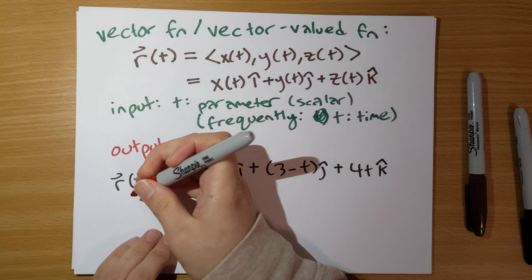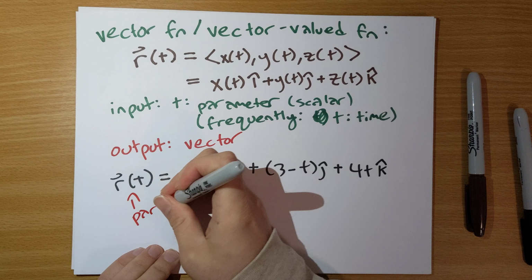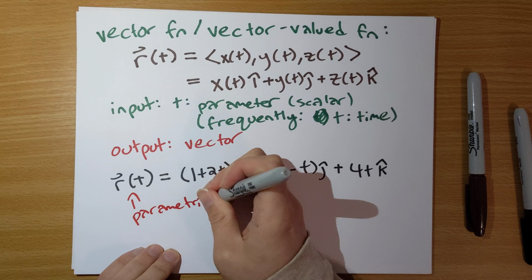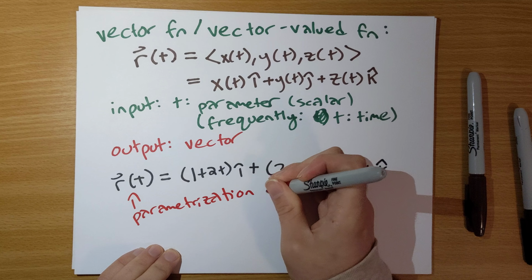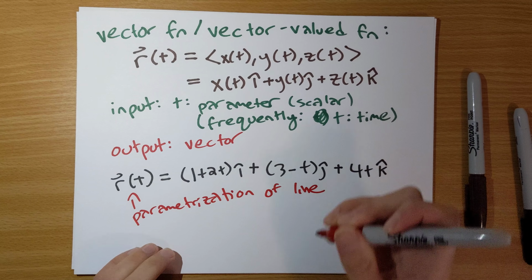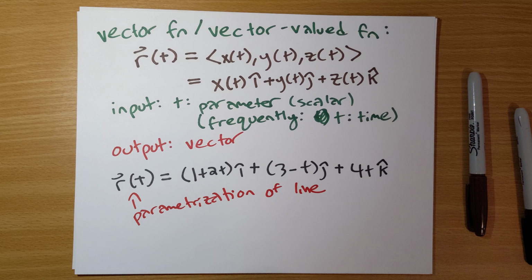Well, this is a parametrization of a line. Parametrizing a line is one example of a vector function. There are lots of other examples, but we've already talked about parametrizing lines.